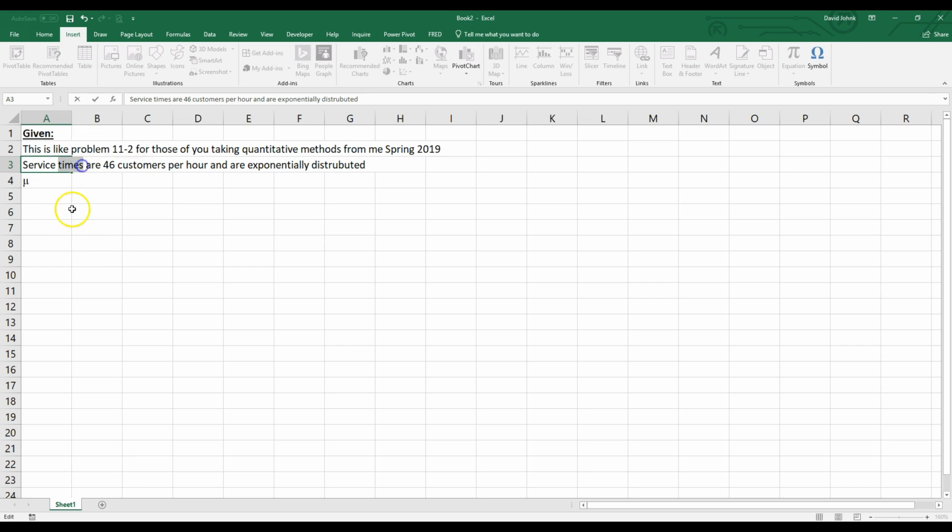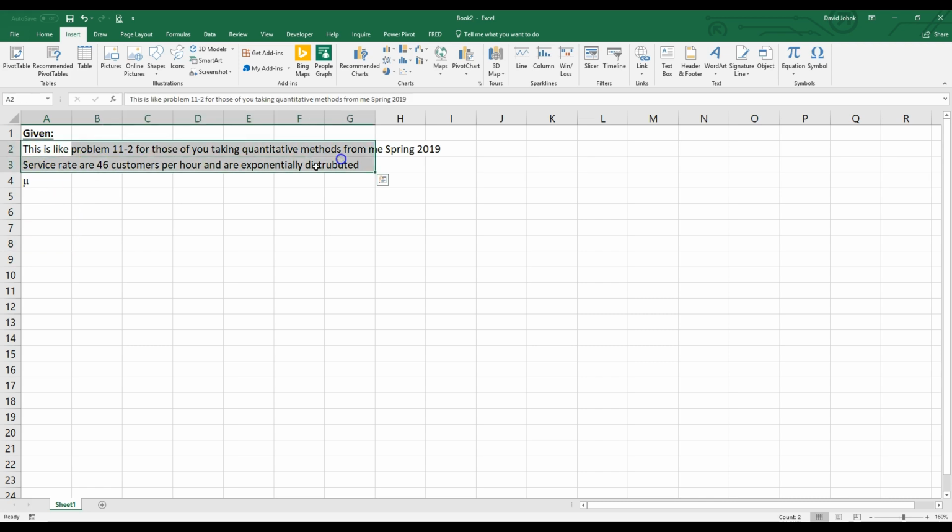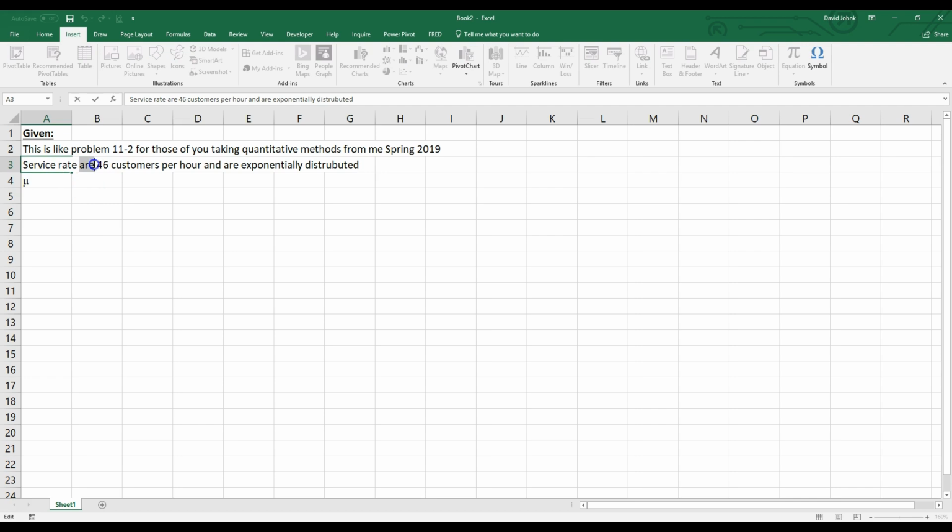I'm going to do this the way the book does it, so I want to make it very similar to this problem here. Sorry about the mistakes, guys. I'm kind of making up this problem as I go. So the service rate is 46 customers per hour, and we'll just say R, that's good enough.